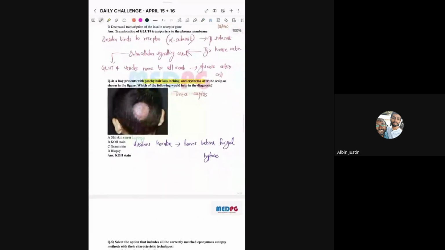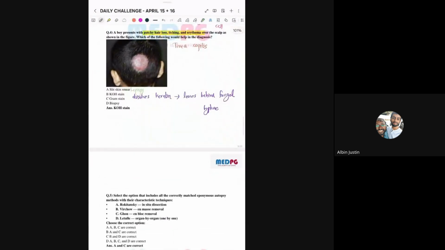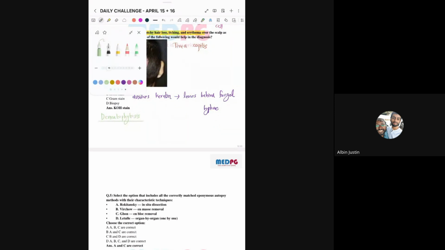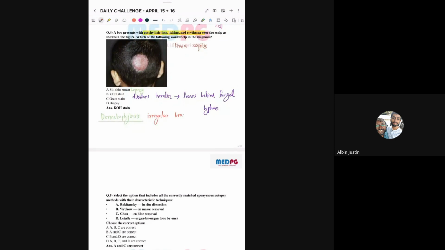The next common thing: what are the three things? You have dermatophytosis, with irregular branching hyphae. There are three: microsporum, trichophyton, and epidermophyton.